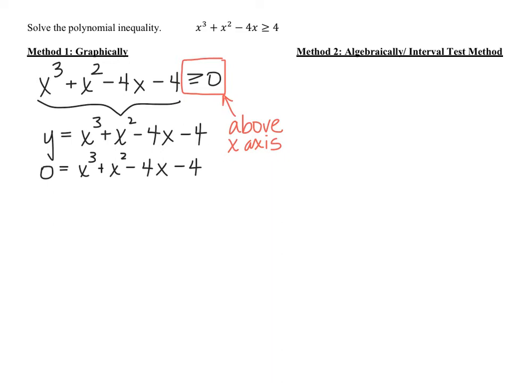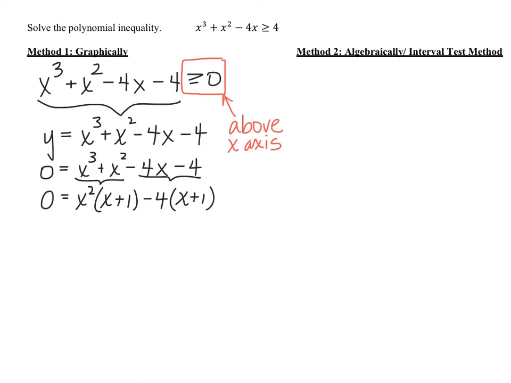Since there's 4 terms, we're going to factor by grouping. If we group the first 2 terms together, we can factor out an x squared and be left with x squared times the quantity x plus 1. And if we group the last 2 terms together, we can factor out a negative 4, and we will be left with negative 4 times the quantity x plus 1.